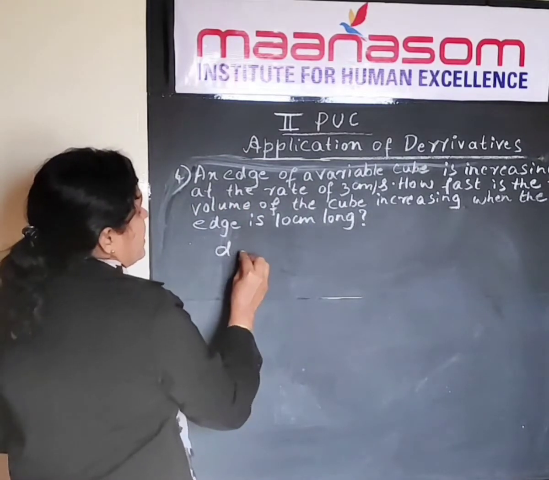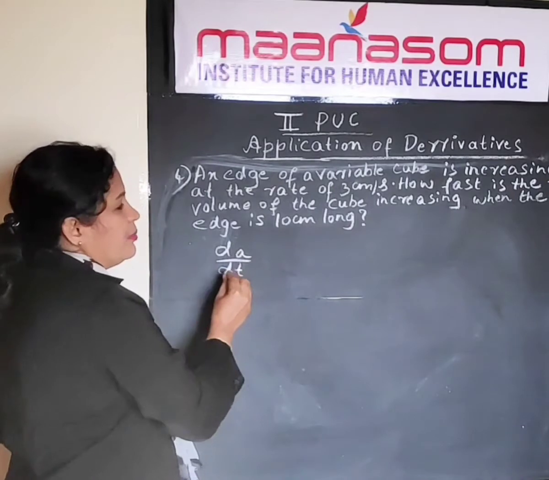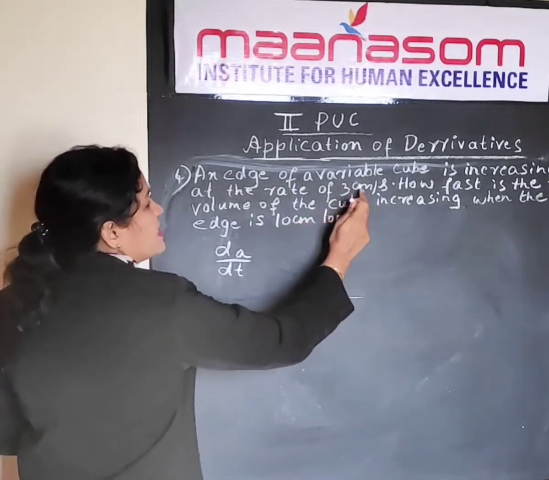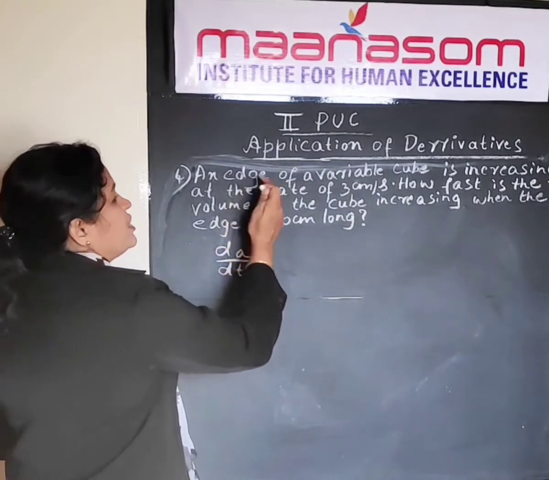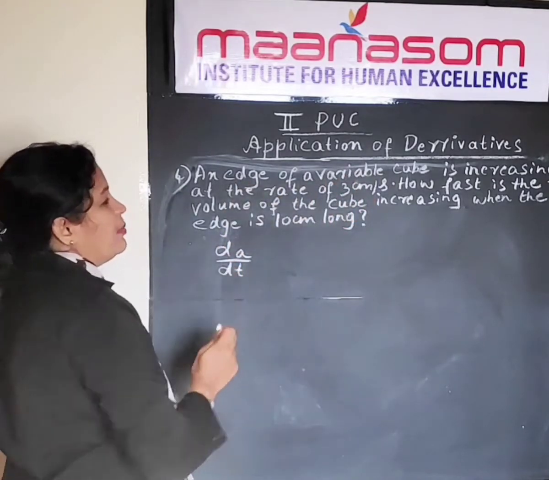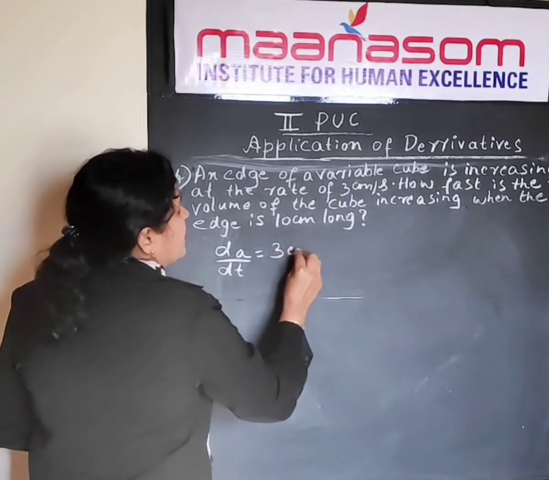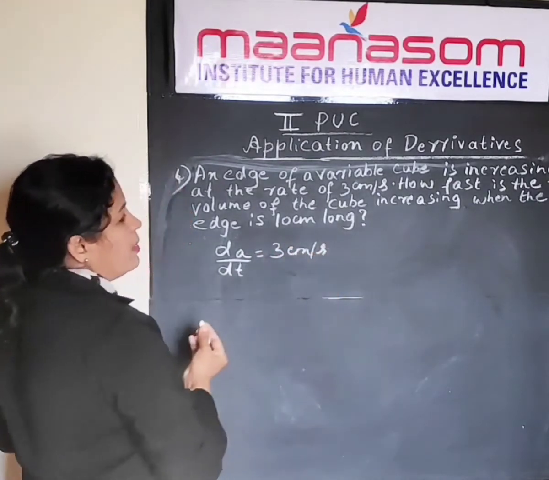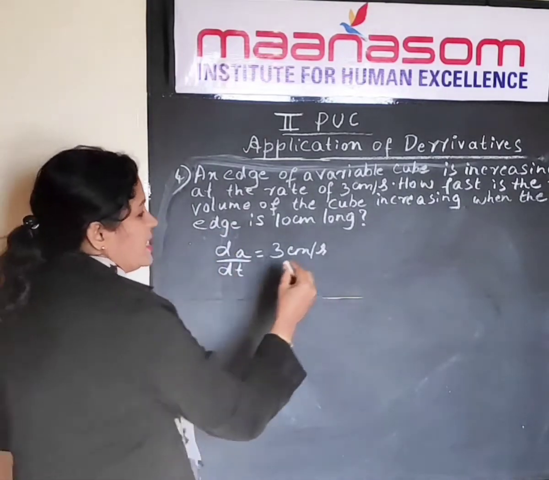Let us say edge is A. So dA by dt. Why have we written dA by dt? Because they have given 3 centimeter per second and second is the time. Since the edge is increasing, it will be dA by dt. So dA by dt is given as 3 centimeter per second in the problem. How fast is the volume of the cube increasing?